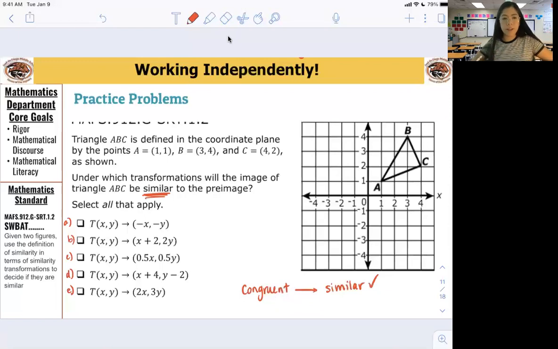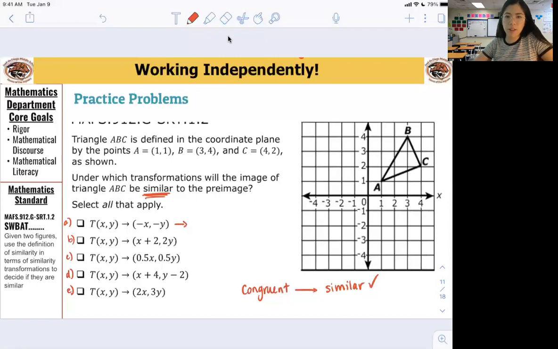Now let's go through and read each type of transformation and determine what is happening. So in answer choice A, what type of transformation is that? Is that something we know about? Just what type of transformation is it? So if I'm turning the x and the y both negative, it's 180 degrees?